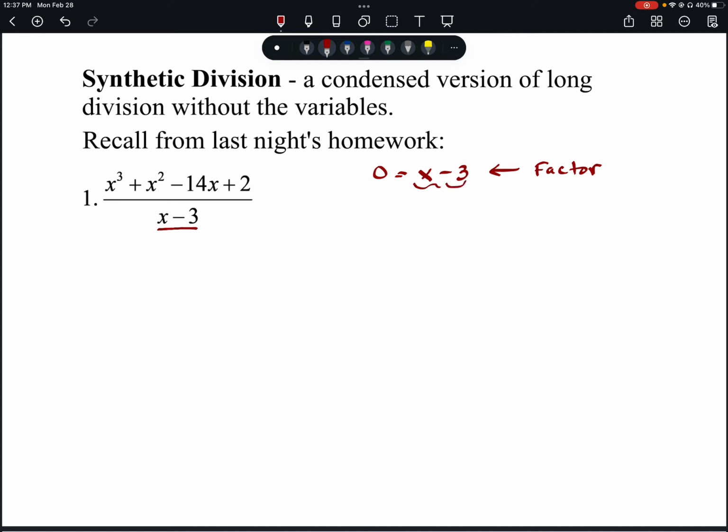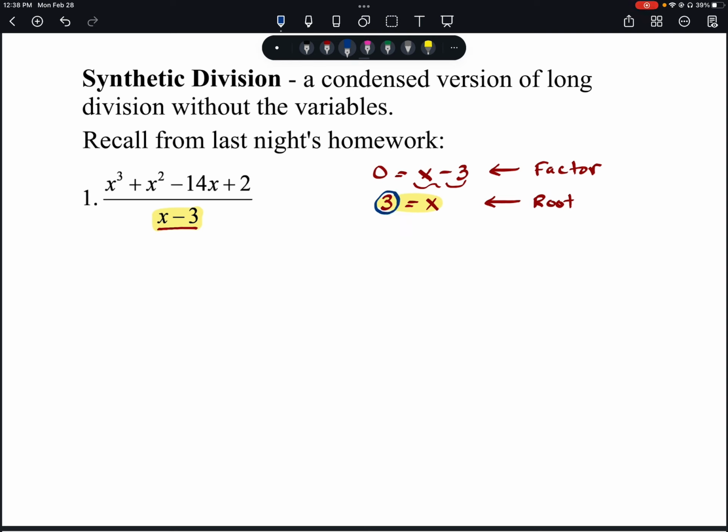Now, if we took it and added the 3 to the other side, we know that 3 is a root. That's important here because when you do synthetic division, we need to focus on this bottom factor, and I need to know what that root would be. So since, if I set it equal to 0 and solved it, I got x is equal to 3, I'm going to end up using the root value.